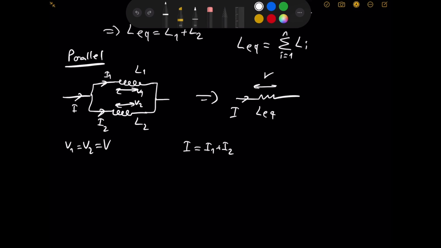And what is I? Well, since V is equal to L equivalent di by dt, if I take the time derivative of both sides, I'm going to have that.